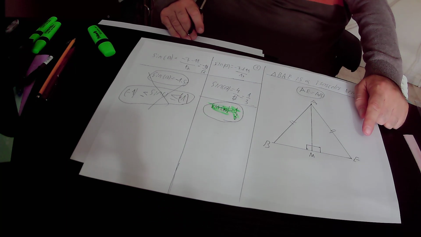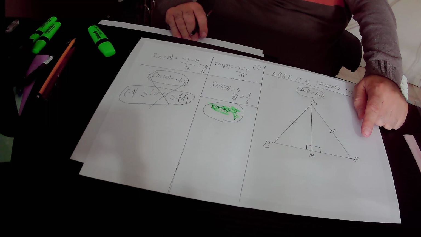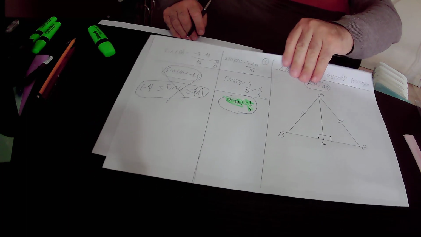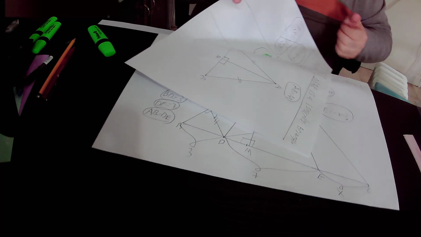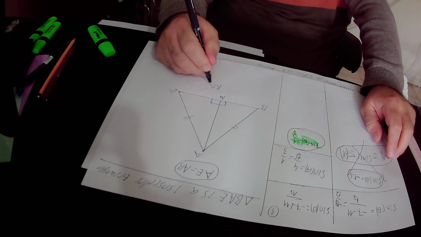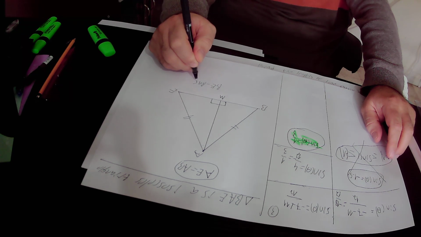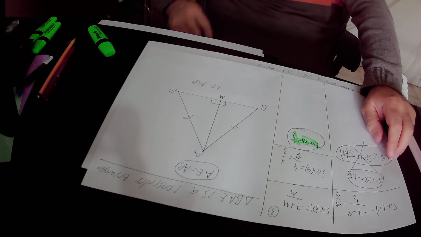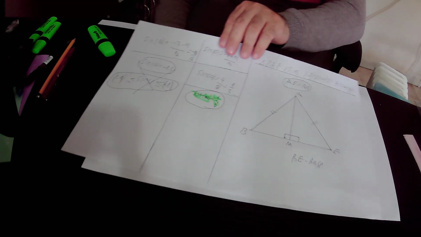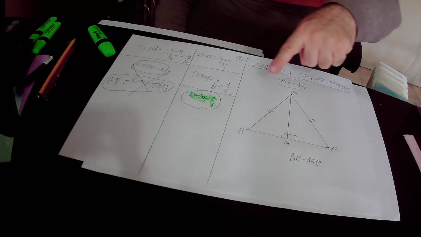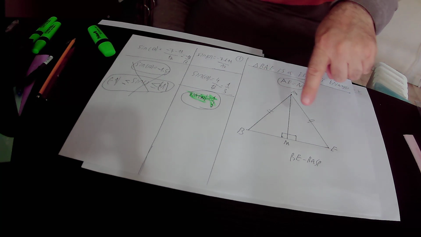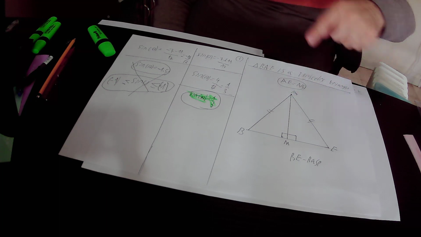The base of the isosceles triangle ABE is BE. So I write it down. BE is the base. And AM is the height to the base BE because AM creates 90 degrees with the base BE.